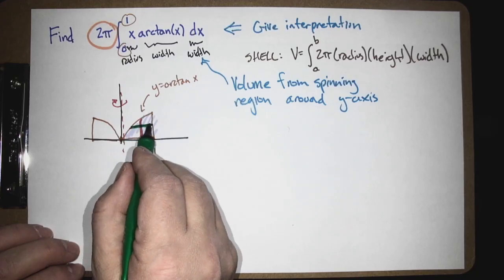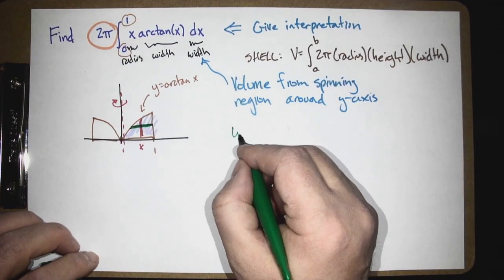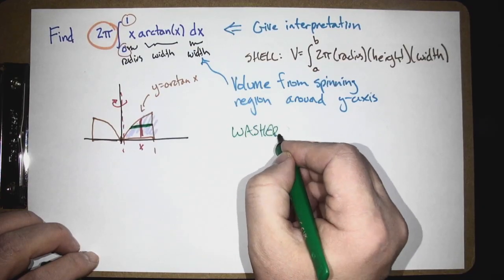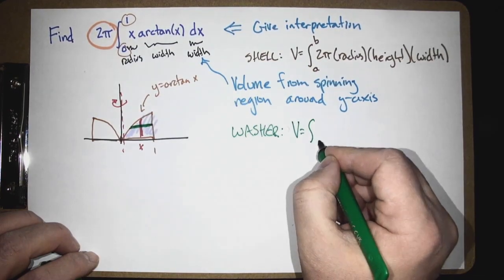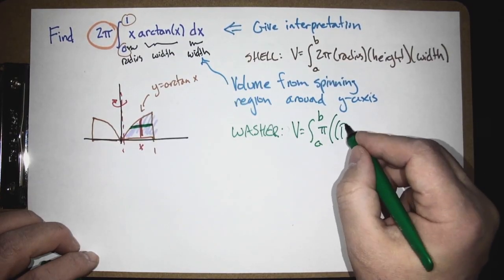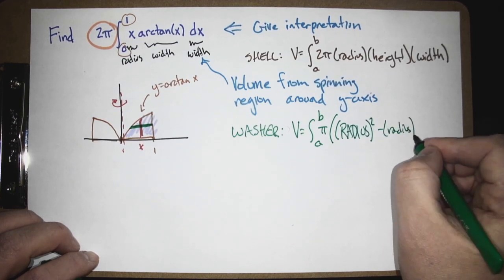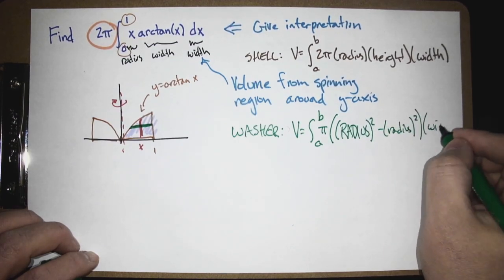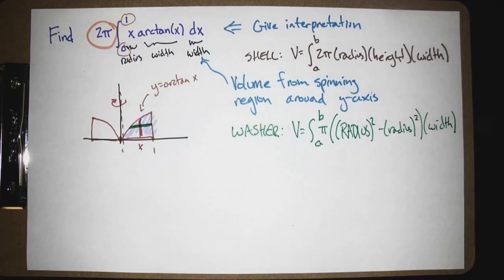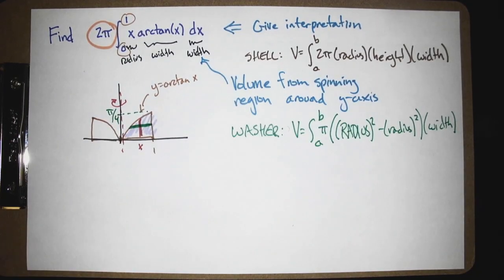We could slice horizontally. So volume is the integral from a to b of pi, our big radius quantity squared, minus our little radius quantity squared, and our width. And we forgot to mark, this is at pi over 4.